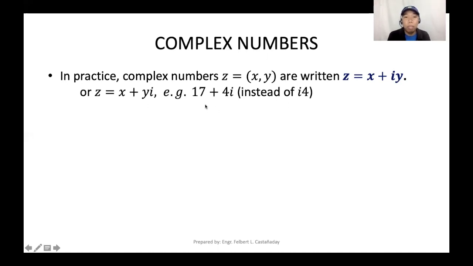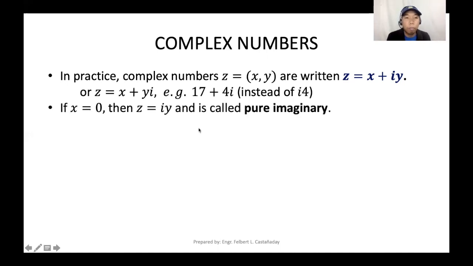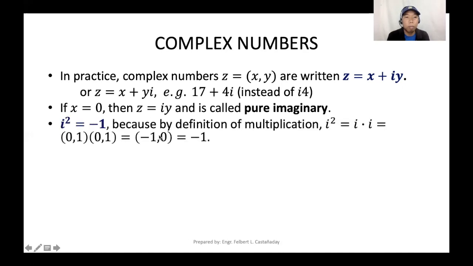For example, 17 plus 4i. Instead of writing i4, since we already have a real number or a constant present in this form. If x is equal to 0, then the complex number Z is equal to iy, and this is a pure imaginary complex number since you have no real part.